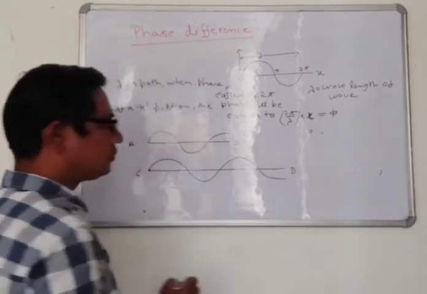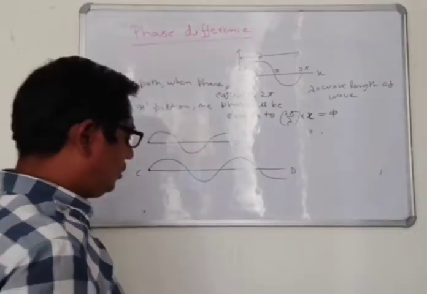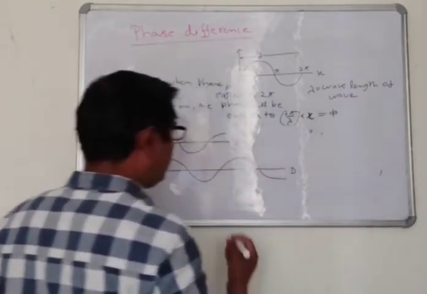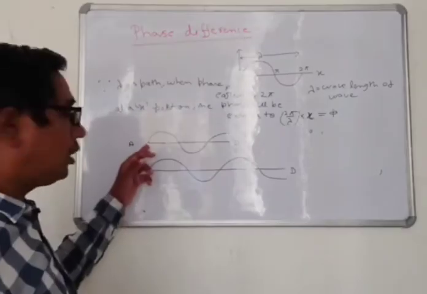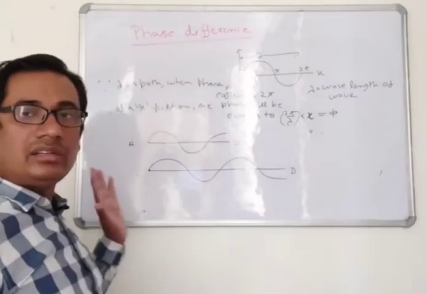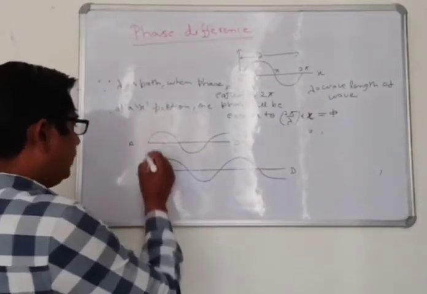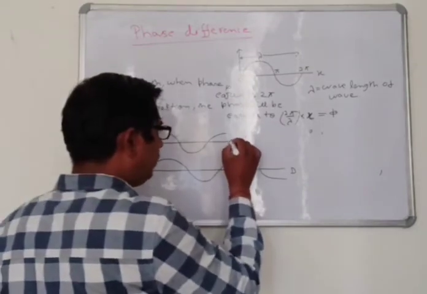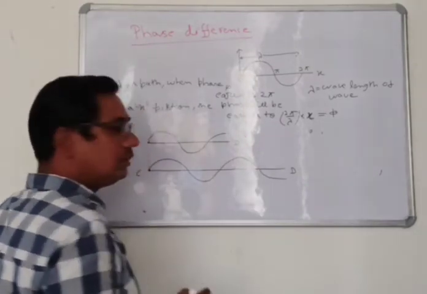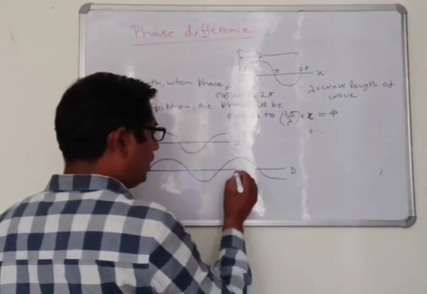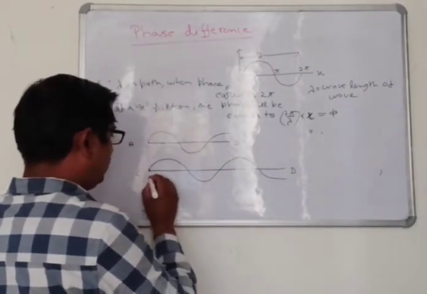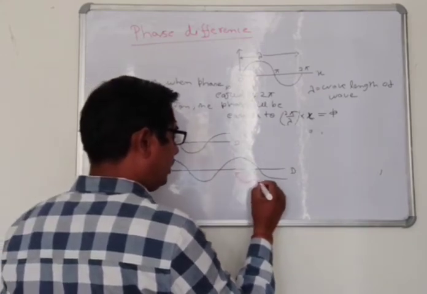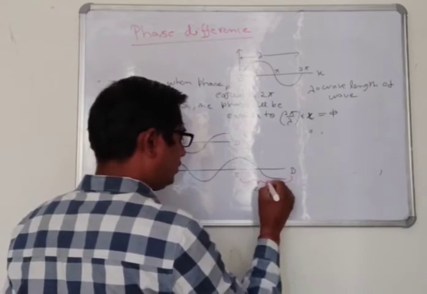Now when you apply the geometrical method, you draw the perpendicular from the shorter to the longer path at the starting and end point. The starting point is almost the same. When you draw the straight line from here to here, you will see that at this point E, this one is known as the extra path.